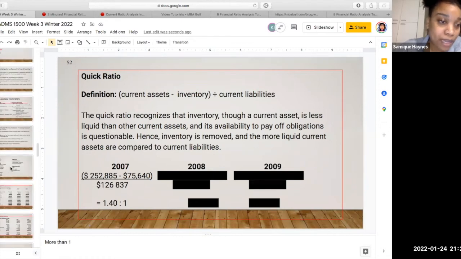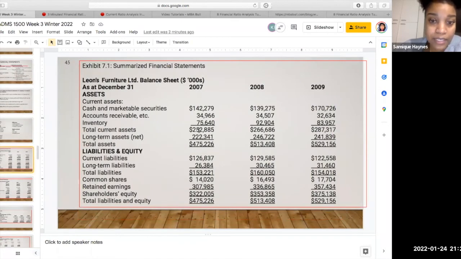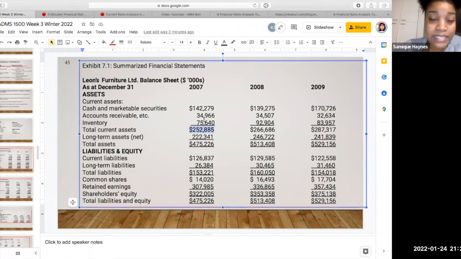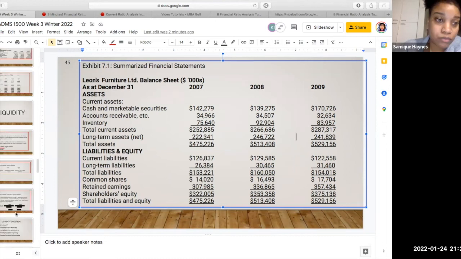So if I go back up to the statement, current assets here, 252, we take out the inventory, and then again, divide by current liabilities, okay? So what is the quick ratio for 2008 and 2009? Current assets less inventory divided by current liabilities. Any thoughts on that?